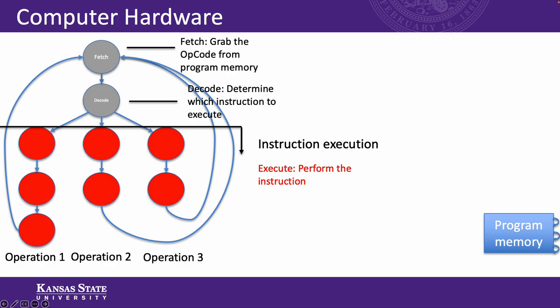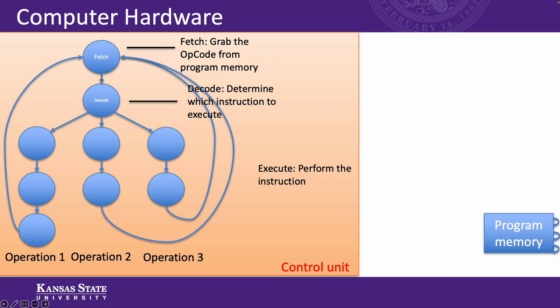But each of those paths is considered to be in the execute state, everything below that horizontal bar. Again, it's a universal word, execute, and any computer engineer or computer scientist should be very familiar with fetch, decode, execute. Fetch, decode, execute, that cycle.